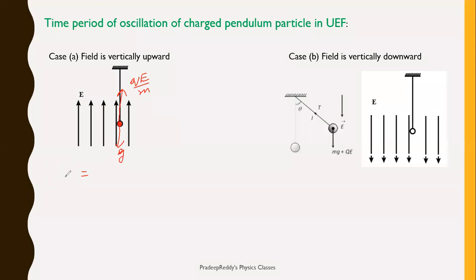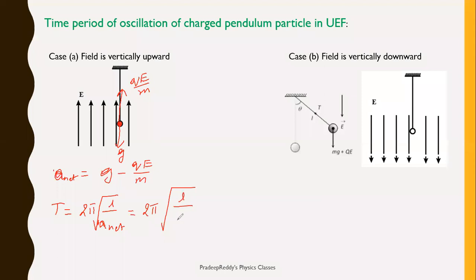Net acceleration upon this charged particle can be written as g minus qE divided by m, right? Now time period of oscillation T is equal to 2π under root L divided by a_net, which is equal to 2π under root L divided by (g minus qE divided by m).